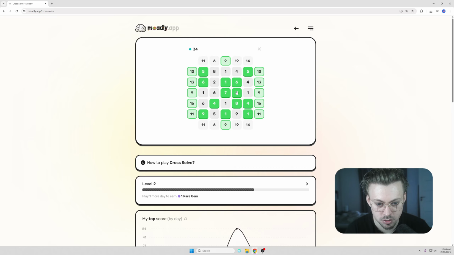Okay, 14, 16. Okay, let's try this and this. Okay, that is good. We need to solve 2 more columns.